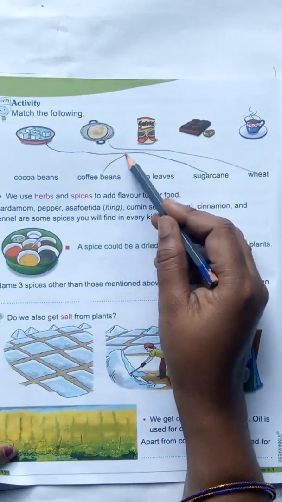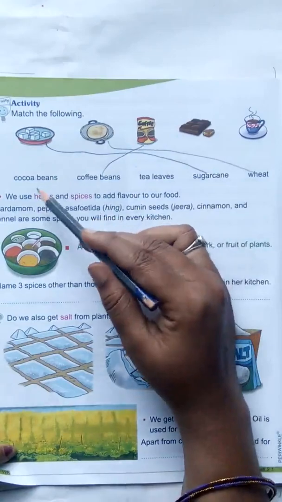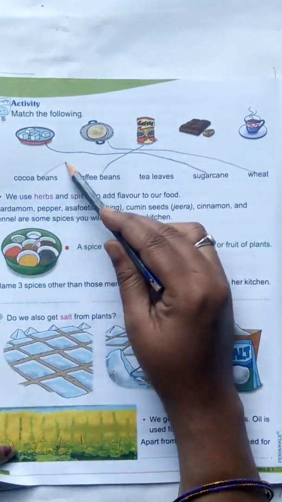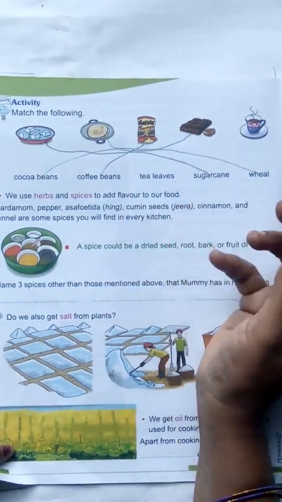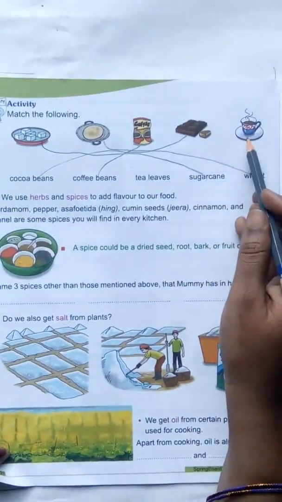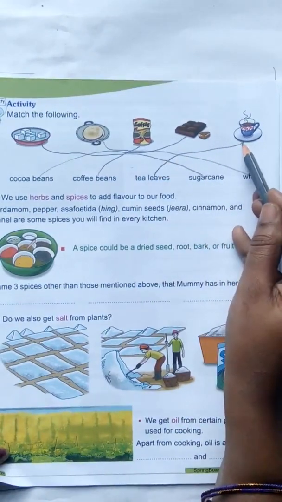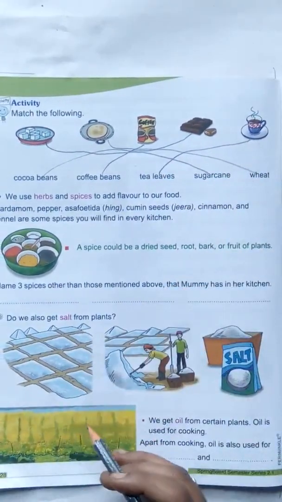Okay. Next, chocolate. It has been made from cocoa beans. Next, tea. Tea has been made from tea leaves. Okay.